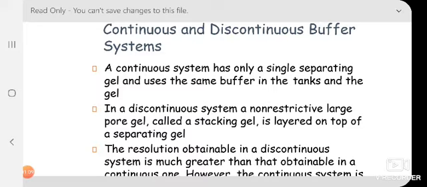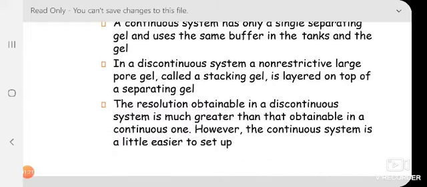In a discontinuous system, a non-restrictive large pore gel, which we call stacking gel, is layered on top of a separating gel. The resolution obtained in a discontinuous system is much greater than that obtained in a continuous one. However, the continuous system is a little easier to set up.